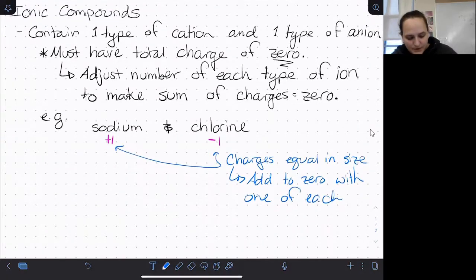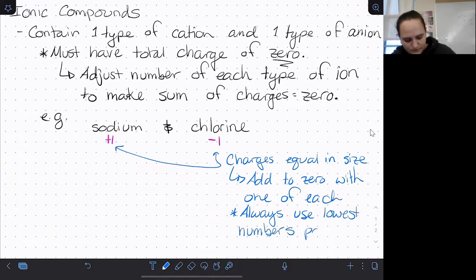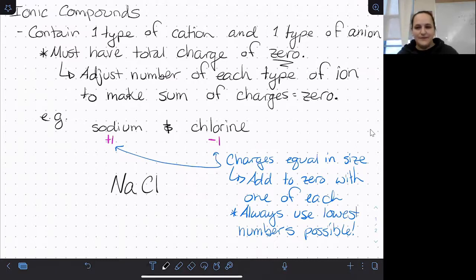So we always want to use the lowest numbers possible, so kind of put our ratio in lowest terms. It's just the convention in chemistry. So if we wanted to write the formula for the compound that forms between sodium and chlorine, it would just have a sodium and a chlorine, and that is all.